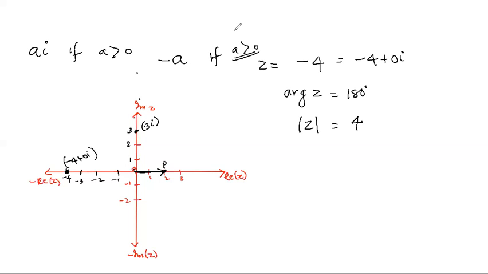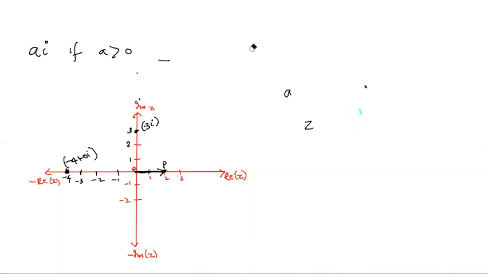Now let's come to the next case. What is the argument of -3i? And what is the modulus of -3i? Tell me, where is -3i? On the negative imaginary axis. Do you agree with this point?